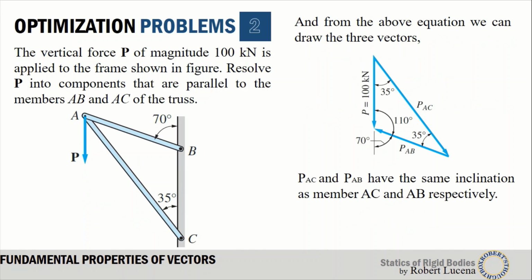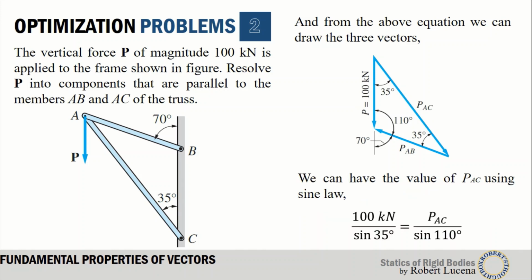So PAC and PAB have the same inclination as members AC and AB respectively. And we can get the value of PAC using sine law. Why am I using sine law? Because the angles are already given, so we don't have a problem with sine law.